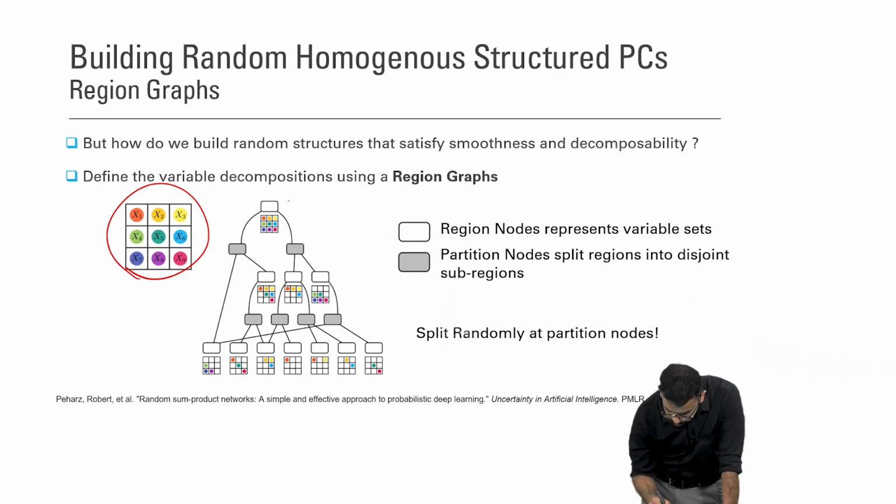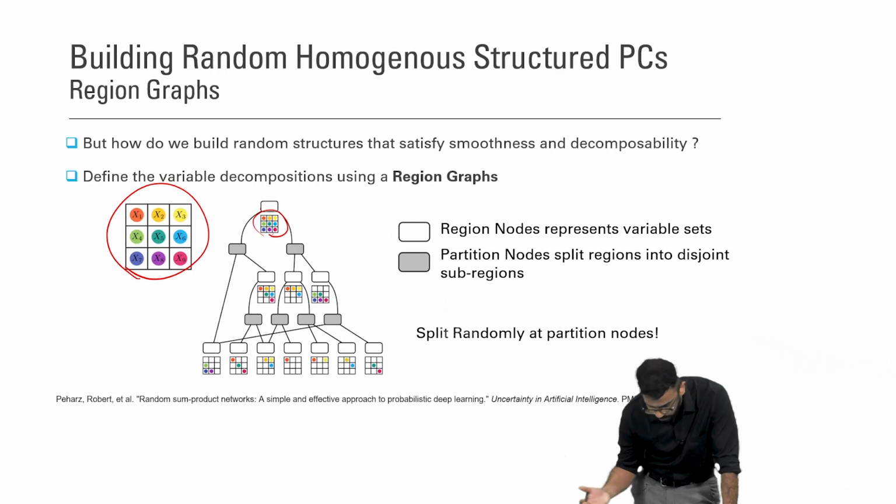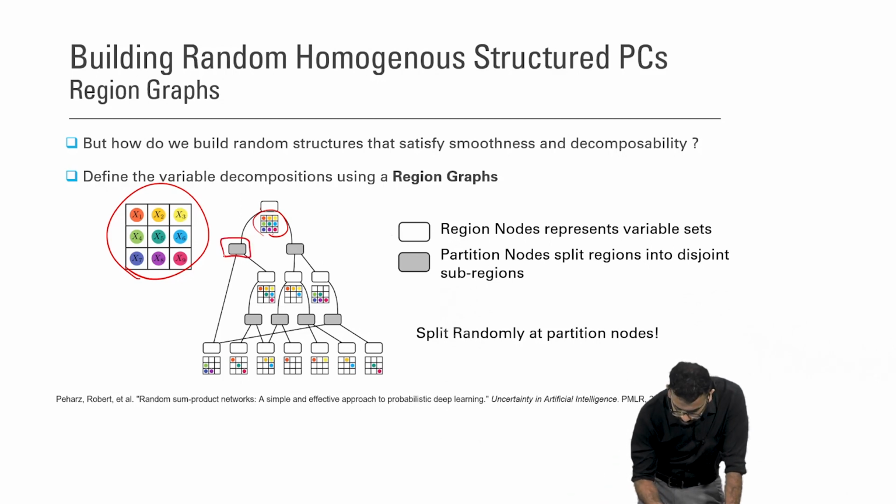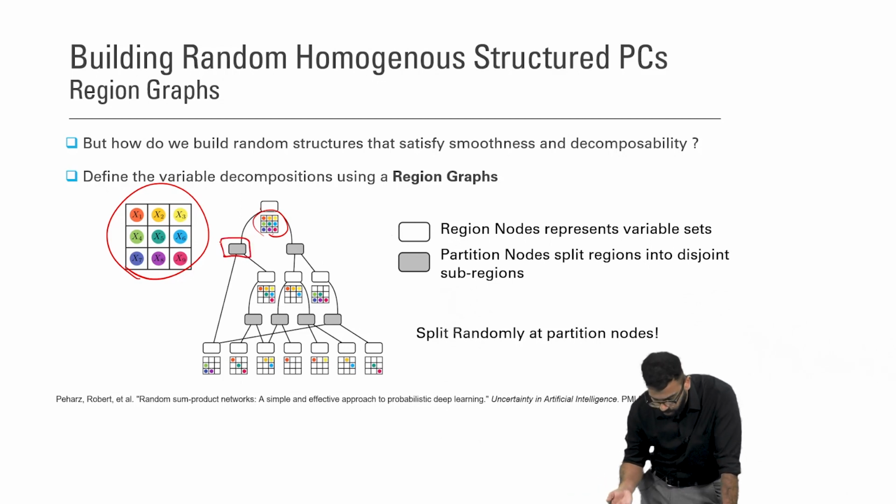So what you can do is, okay, start with all the 9 variables here, and then I have 2 types of nodes in this graph. One is the region node, which just represents the set of variables over which I'm computing a distribution, and then you have partition nodes, which are similar to a product node, which partitions the subsets of variables into 2 disjoint sets, right?